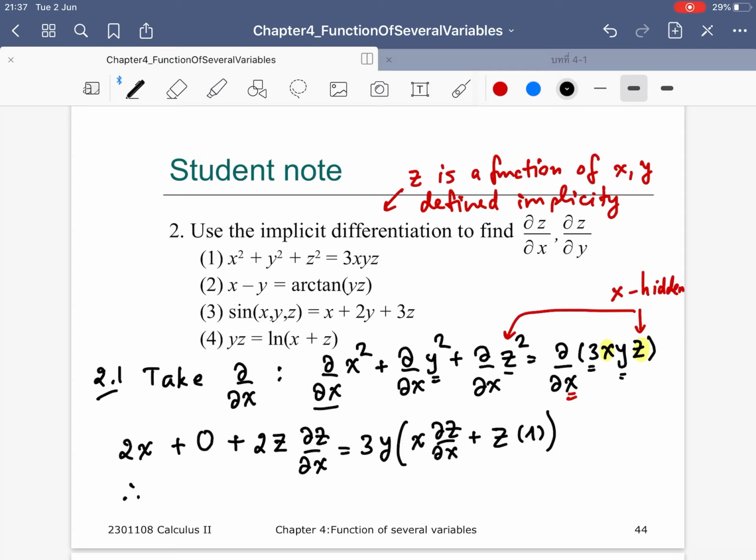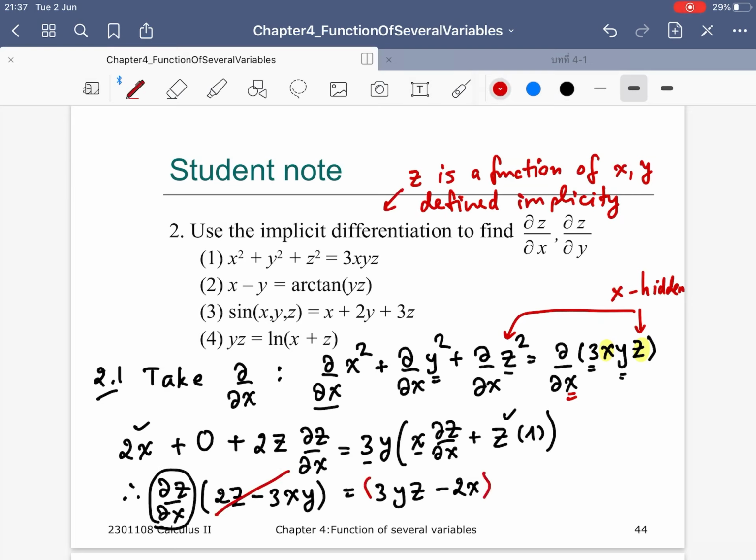So your dz by dx, you got 2z, you got this one 3xy, equals to here 3yz minus 2x. So if you want this one alone, you just go ahead and divide it by 2z minus 3xy. Okay, so this one is your dz by dx.